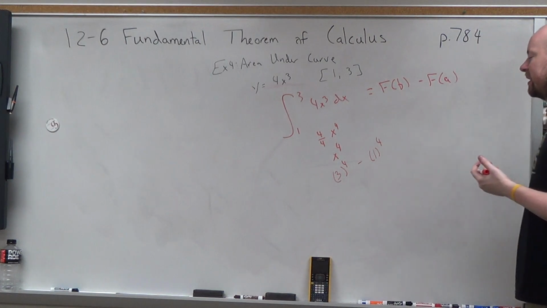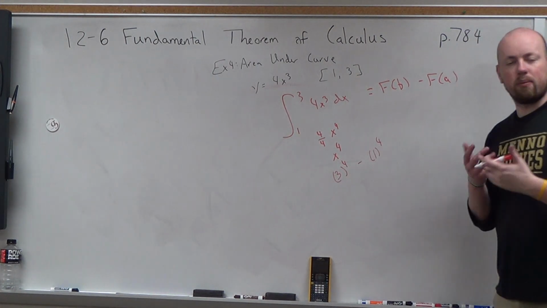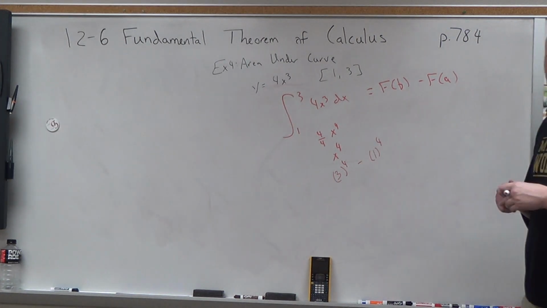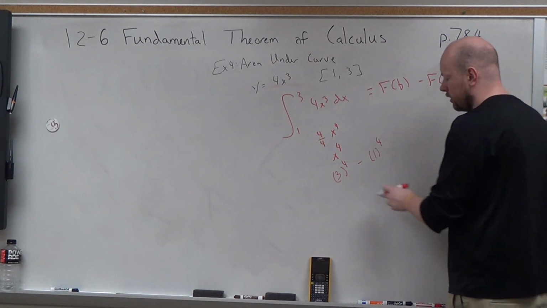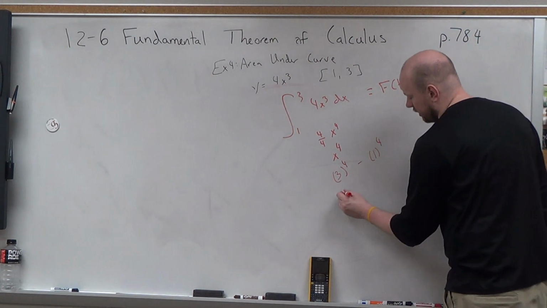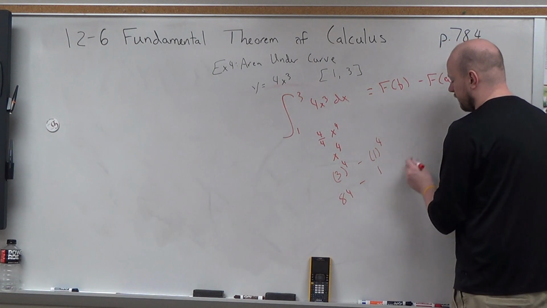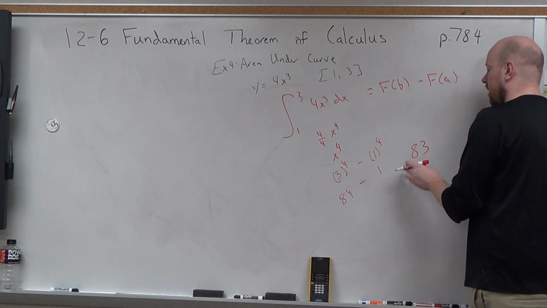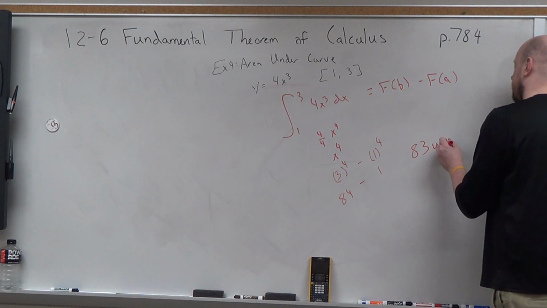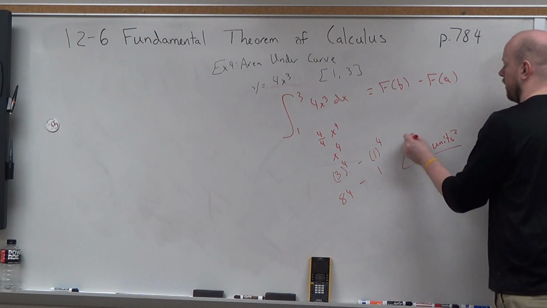This one's easy because there's only one term, but if there were multiple x terms, you'd have to keep it all organized. 3 to the power of 4 is 81, 1 to the power of 4 is 1. 81 minus 1, so my area would exactly be 80 units squared.